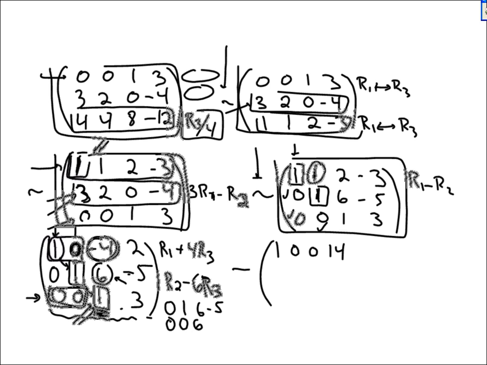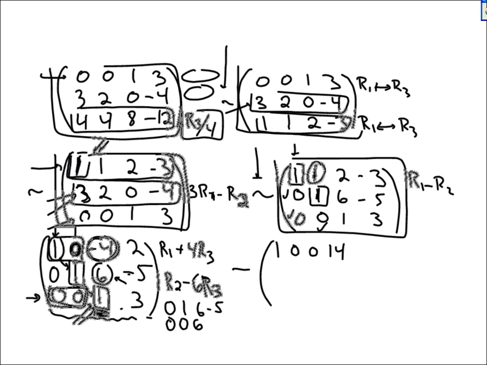The second one, 0, 1, 0, 8, negative 5 minus 18 would have been negative 23. Okay, other than that, there it is. I don't see anything else wrong.